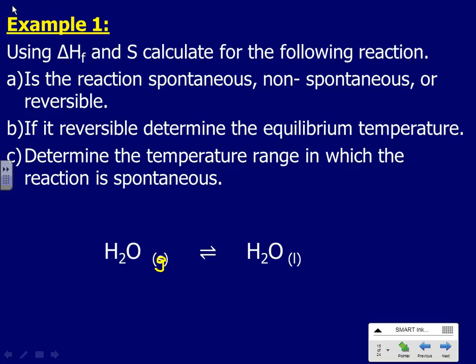If T is large, then negative T delta S is large. Therefore, at large T, look at delta S for spontaneity.